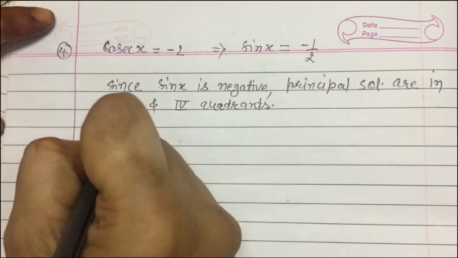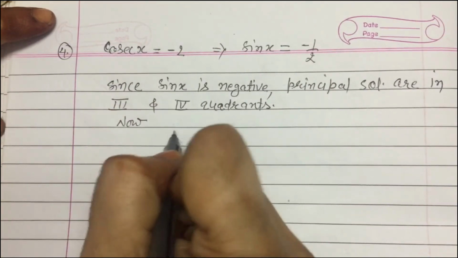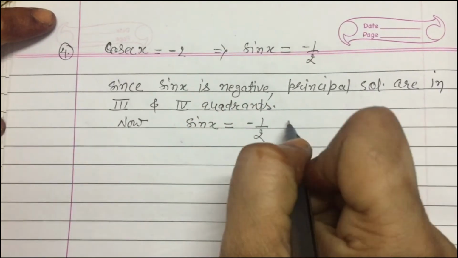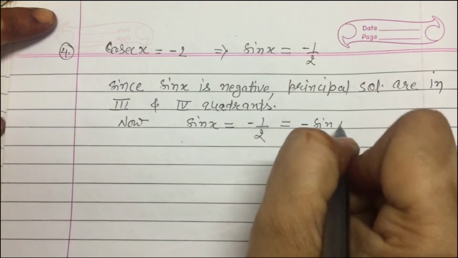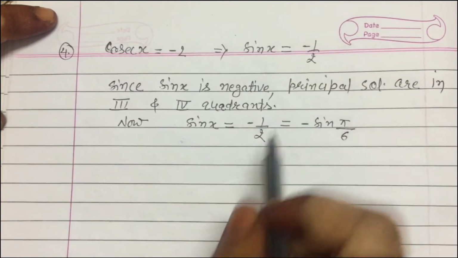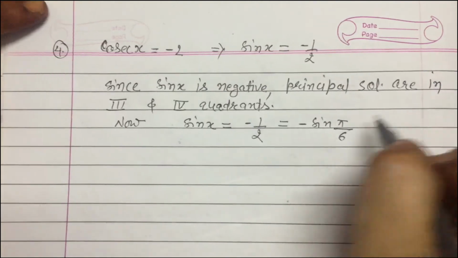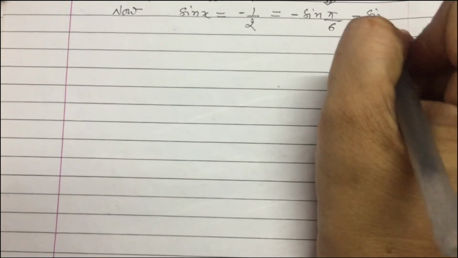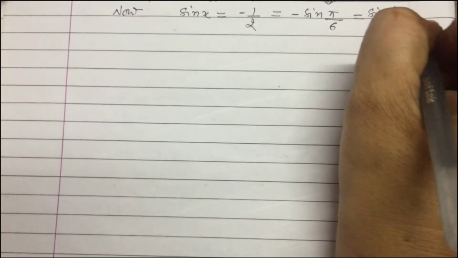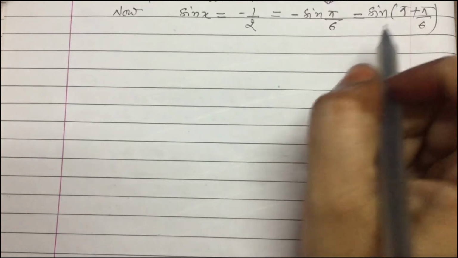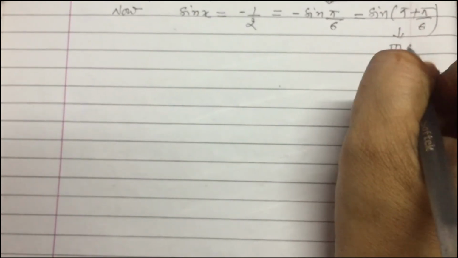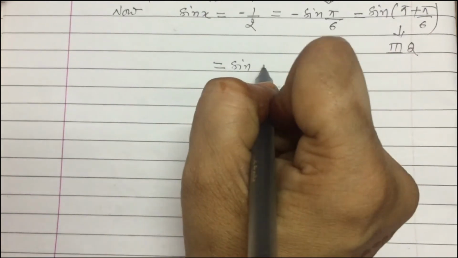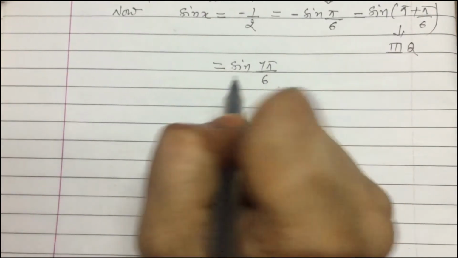Okay, now find the solution. Now sin x is equal to minus 1 by 2. So here it is minus sin pi by 6. Okay, sin 30 is equal to 1 by 2. This is sin of pi plus pi by 6. Okay, it is in the third quadrant.